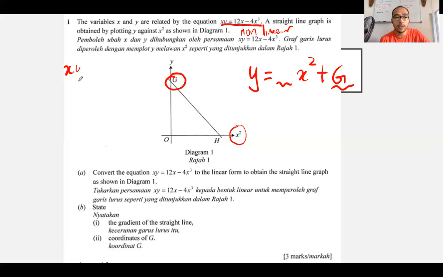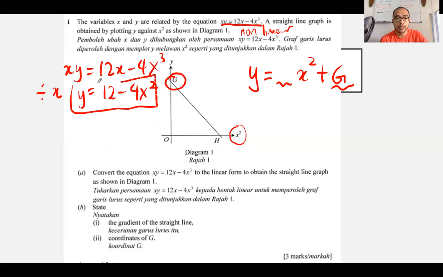So if our non-linear equation is xy equals 12x minus 4x cubed, I want to change xy into y. So obviously I have to divide everything by x. I get y equals 12 minus 4x squared. Now look at this form, which is the form we expected for linear.